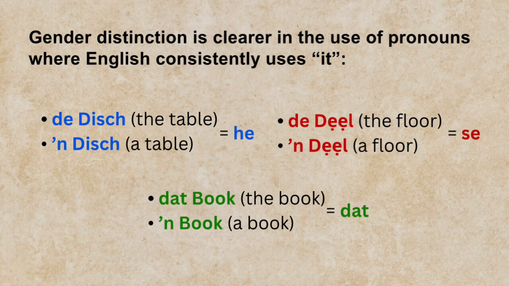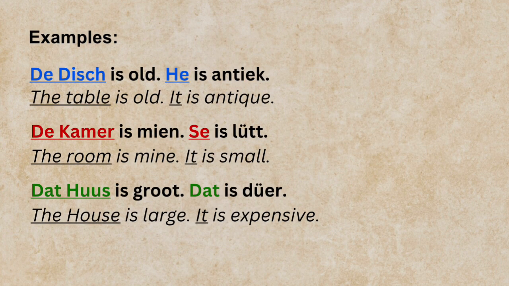Dat book, n book, dat. Examples: de dish is old, hij is antiek. De komme is mean, zij is lut. Dat huis is groot, dat is duur.